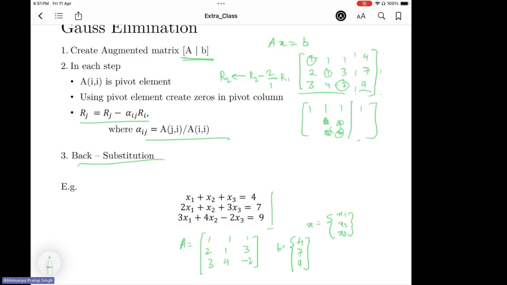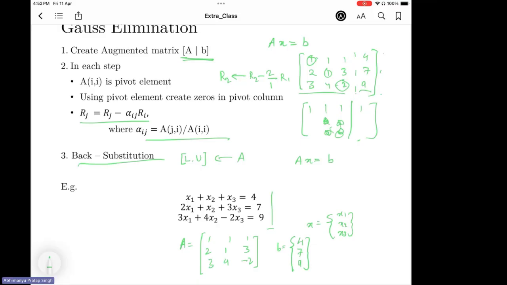What LU decomposition basically gives you is that it converts this A matrix into two matrices, one a lower diagonal matrix and the other an upper diagonal matrix. So AX is equal to B, that is our equation, right?